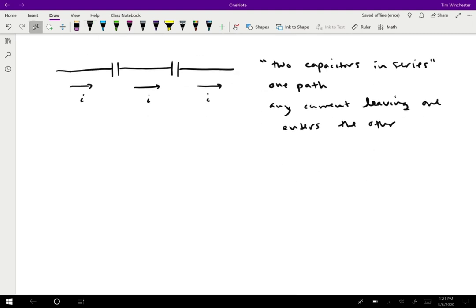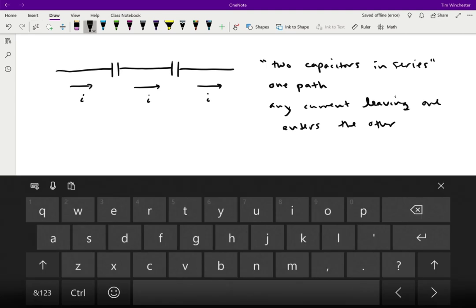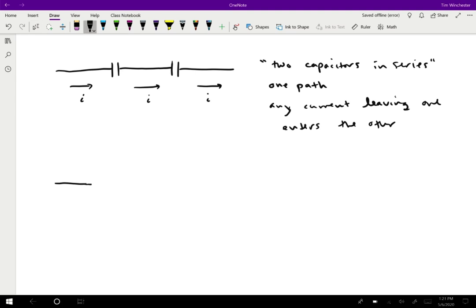That's not the only way that we can hook up components, though. So another way that we can hook up components is we could take the wire. You take the wire and split it into two and have a capacitor on each branch like this.